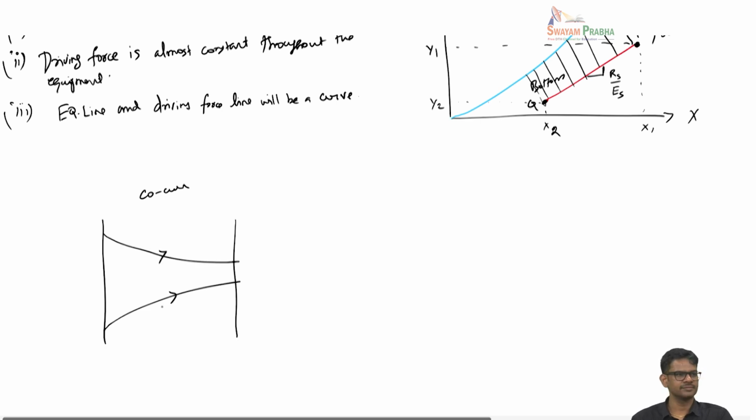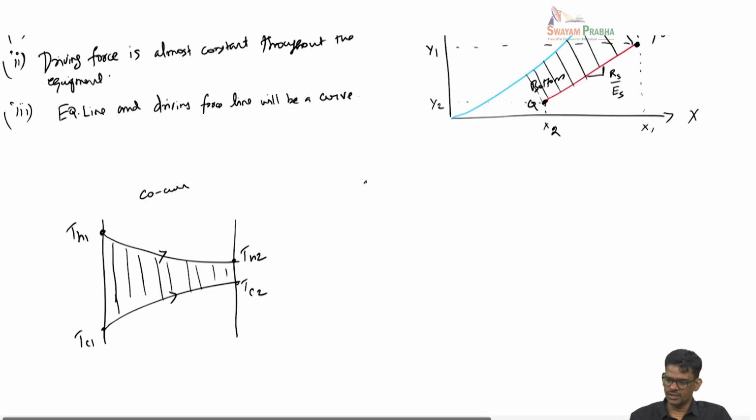This is TH1, this is TH2, this is TC1, and this is TC2. Here you can see the driving force, delta T, is diminishing as you go from the inlet to the exit of the heat exchanger.